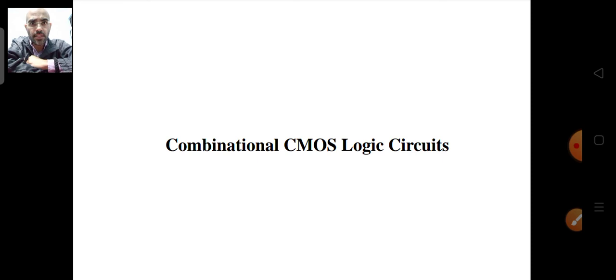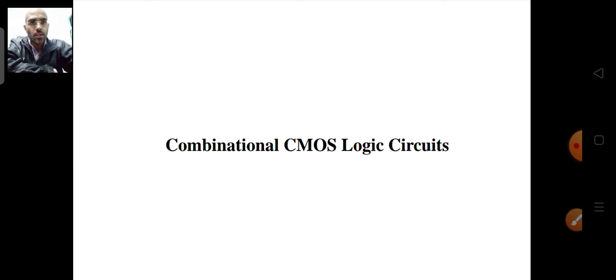Sequential circuits are not exactly difficult, but they need more understanding of these basics. So that's why I'll just cover the combinational circuits and the various things which are remaining.